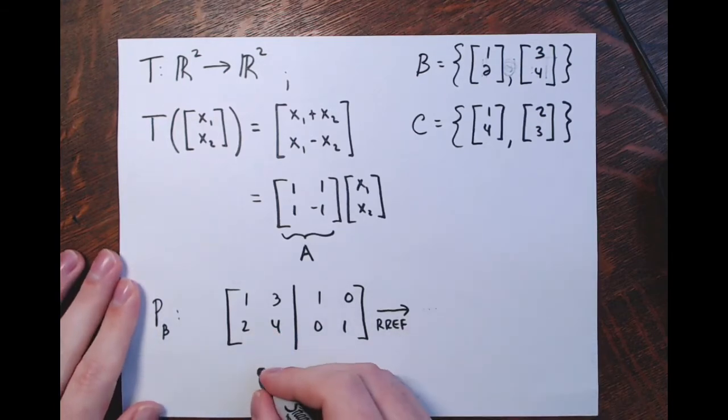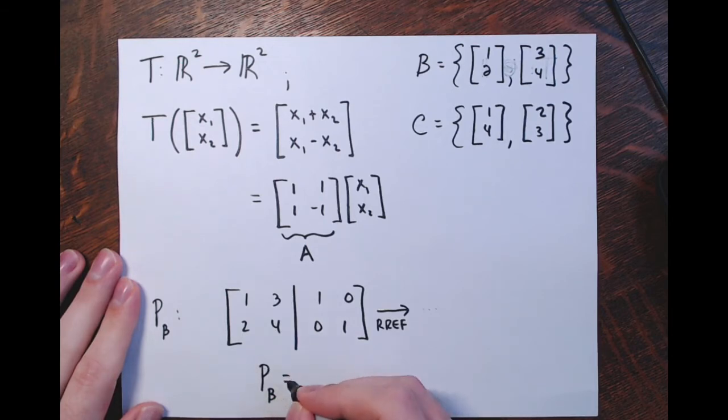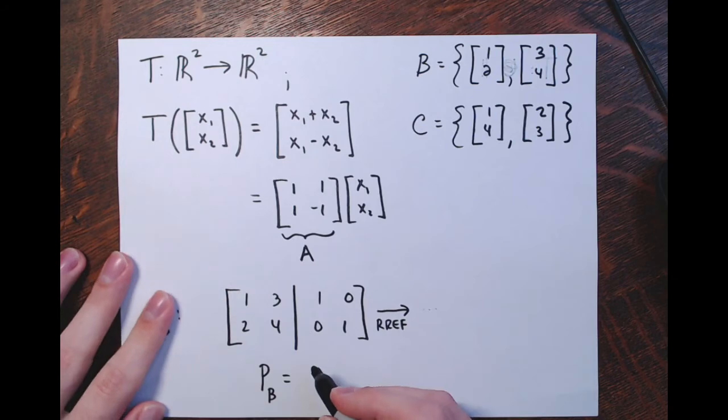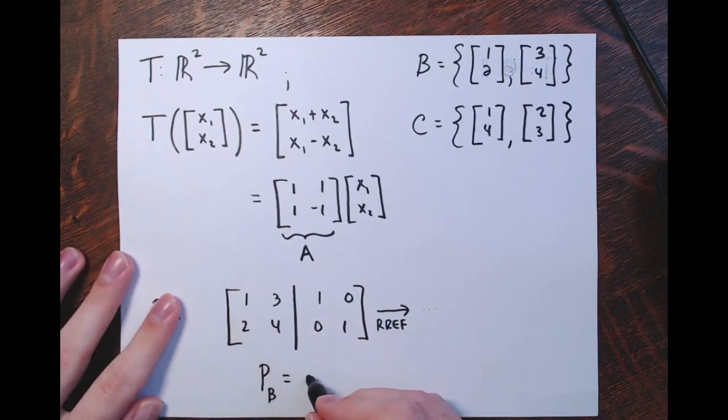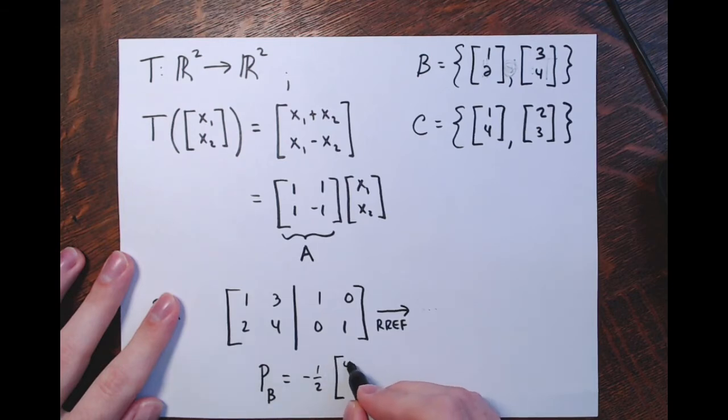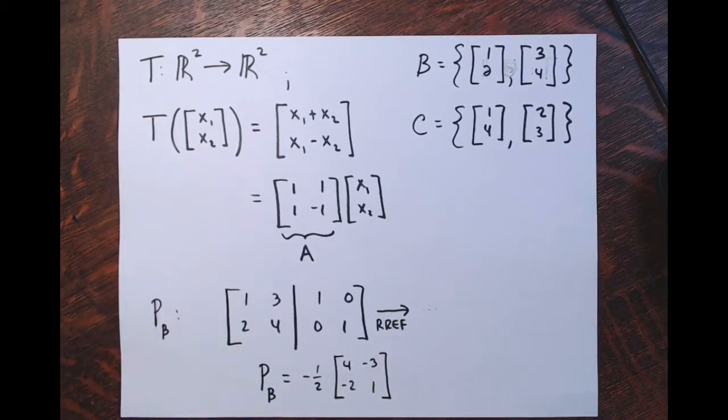I'm going to say this PB then is just going to be the inverse of 1, 2, 3, 4. So what is that? 4 minus 6 is negative 2, negative 1/2 times the matrix 4, 1, negative 3, negative 2, like that. There's PB. Because remember, this is how you find inverses of a matrix too, where you have the identity over here.